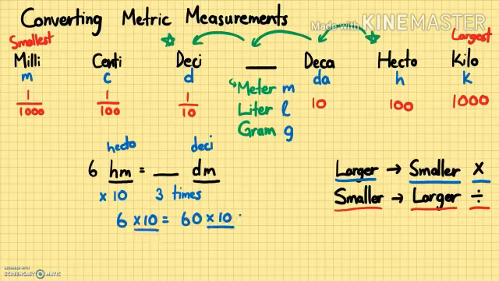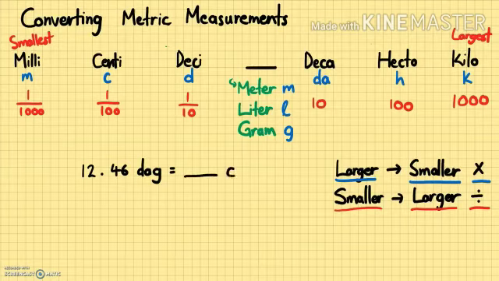Next problem. We have 12.46 decagrams equal to how many centigrams? First of all, we need to compare which one is the greater unit. Should we multiply or should we divide? Deca is here and centi is here.